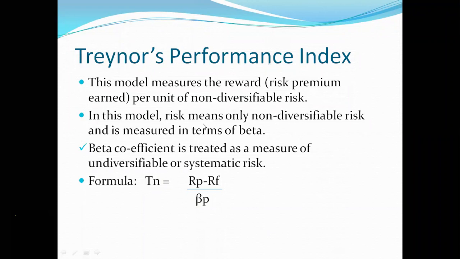So that is the important difference we can see between Sharpe and Treynor. The numerator RP minus RF is the same, but here you have only non-diversifiable risk, that is beta. But in case of Sharpe's performance index, you have standard deviation, which includes systematic risk as well as unsystematic risk.